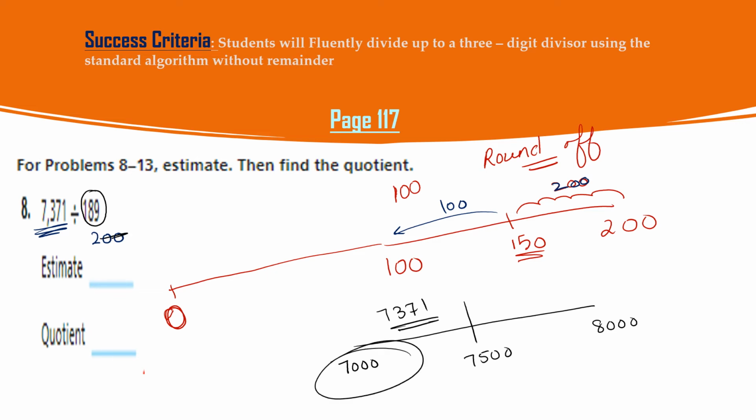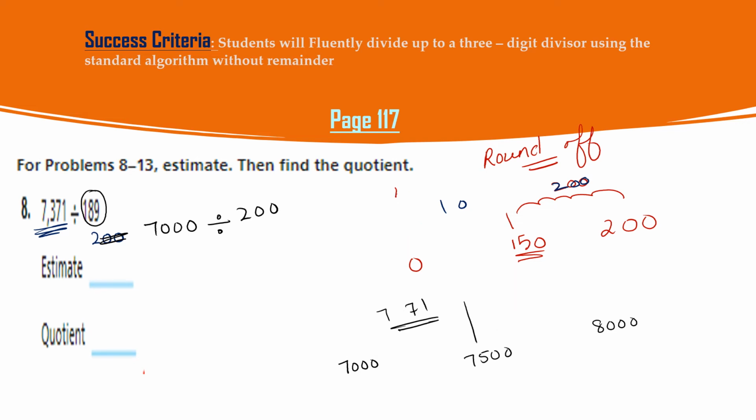So you will write here 7000 divided by 200. This is your estimate. Now let's try to find your quotient. First, with the estimation, we will make the quotient. No need to solve too much, just estimate and take the quotient.